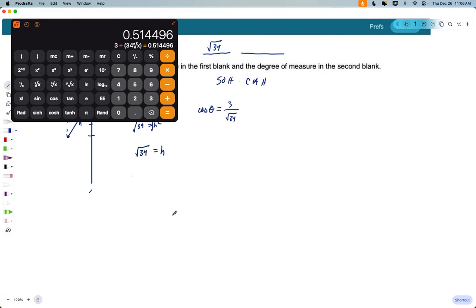That gives me 0.514496. That is my cosine of theta. This calculation gives me the cosine of theta. So now, in order to find out what that is, I'm going to use the inverse function, cosine to the negative 1. So 59.04 is going to be theta.